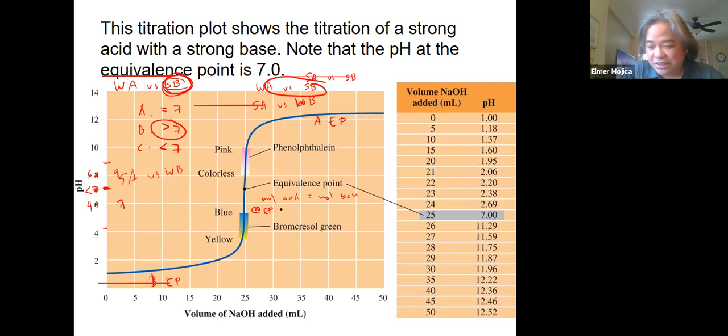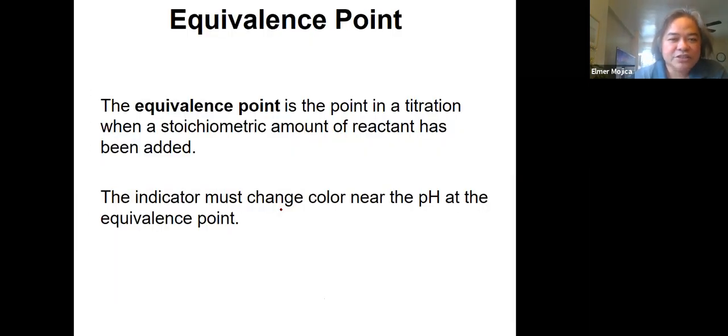It's a little bit complicated if you have a weak acid with strong base or weak base with strong acid, especially with regards to the calculation that we're going to do on that. So the equivalence point, as I told you, is the point of titration when a stoichiometric amount of reactant has been added. And at this point, your indicator should change color near the pH of the equivalence point.